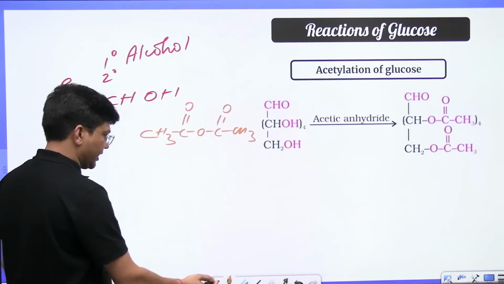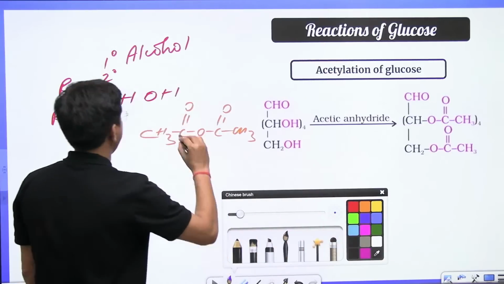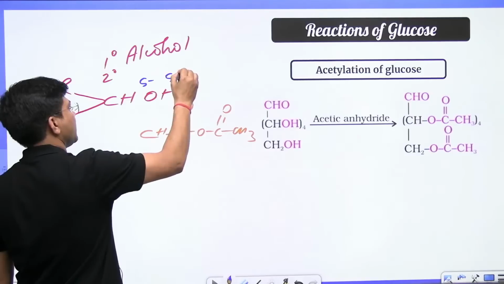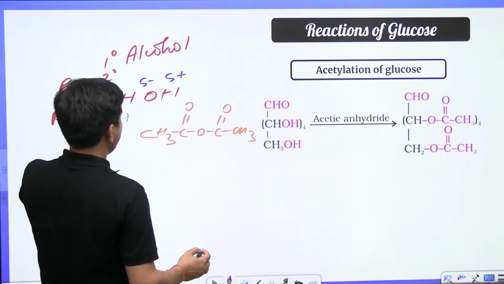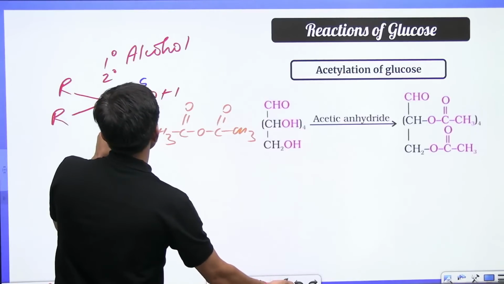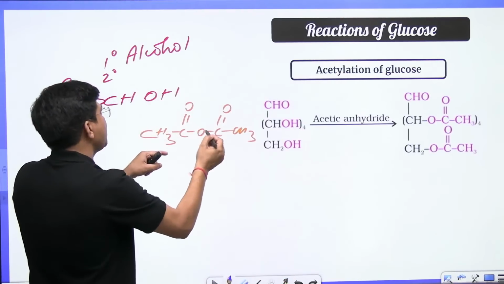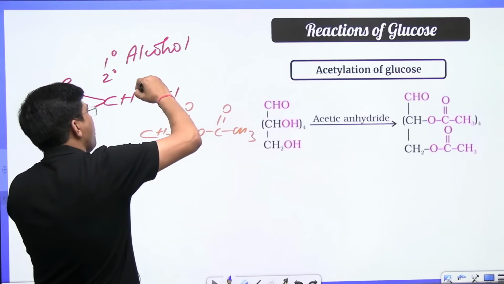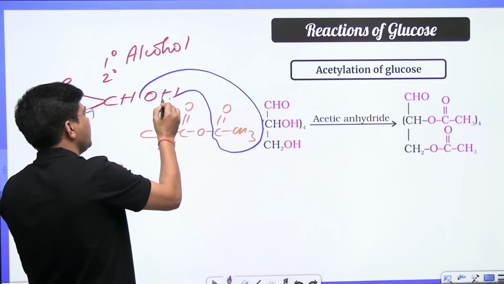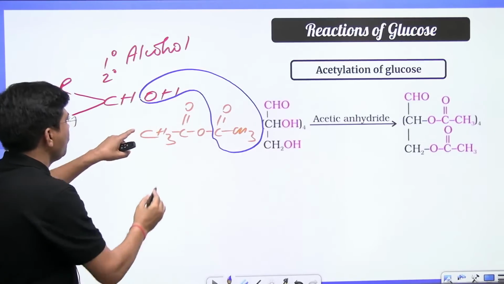How is the reaction going to take place? This is delta negative and this is delta positive. So see what is going to be removed from here. The bond is going to break and this OH will go along with CH3 C positive. See, this will be removed.